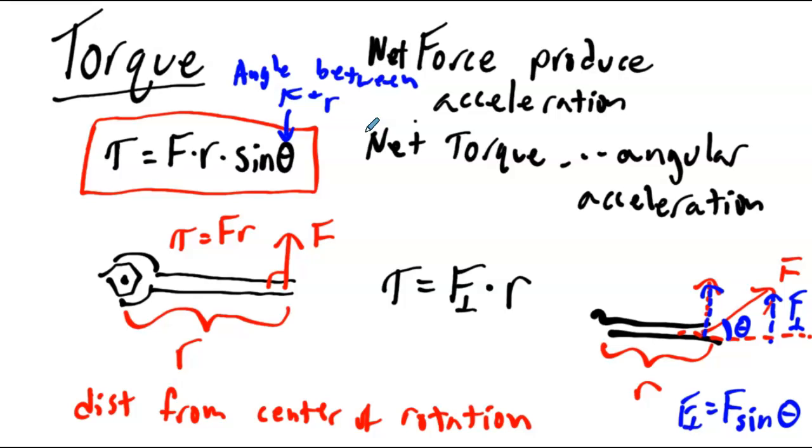That is really what I want us to focus on. One is just making sure that we understand how to define and calculate the torque acting on an object. Calculation-wise, I think it's not going to be terribly difficult.